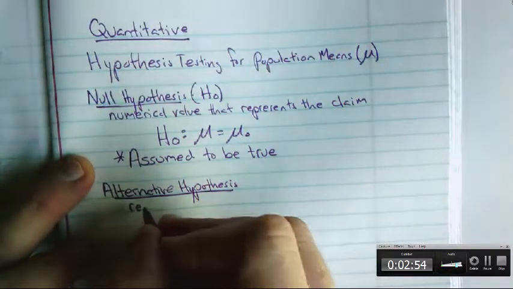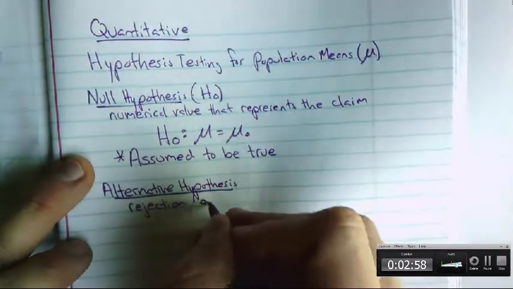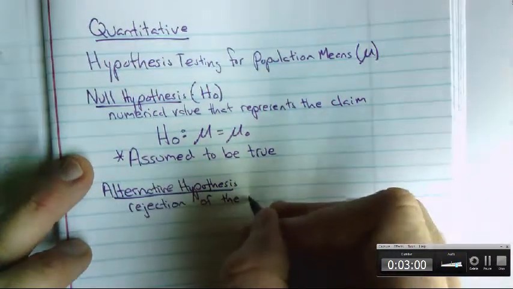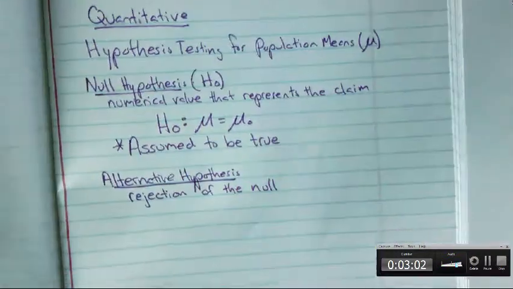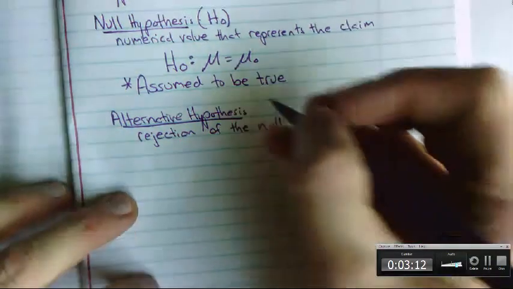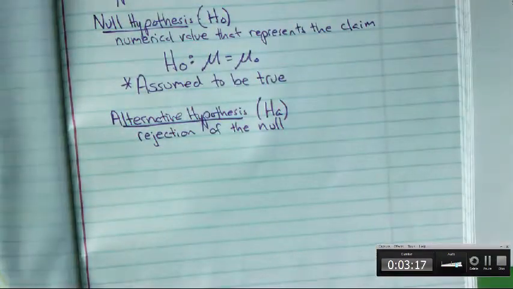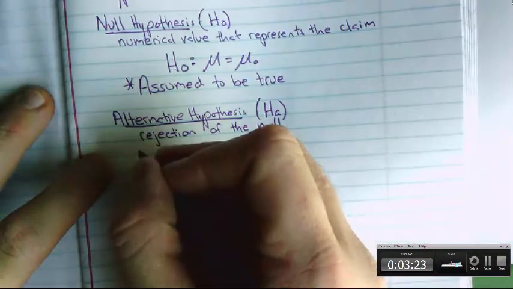Same as with categorical, it's the rejection of the null, and it's written as H sub A. There's three ways to write this.